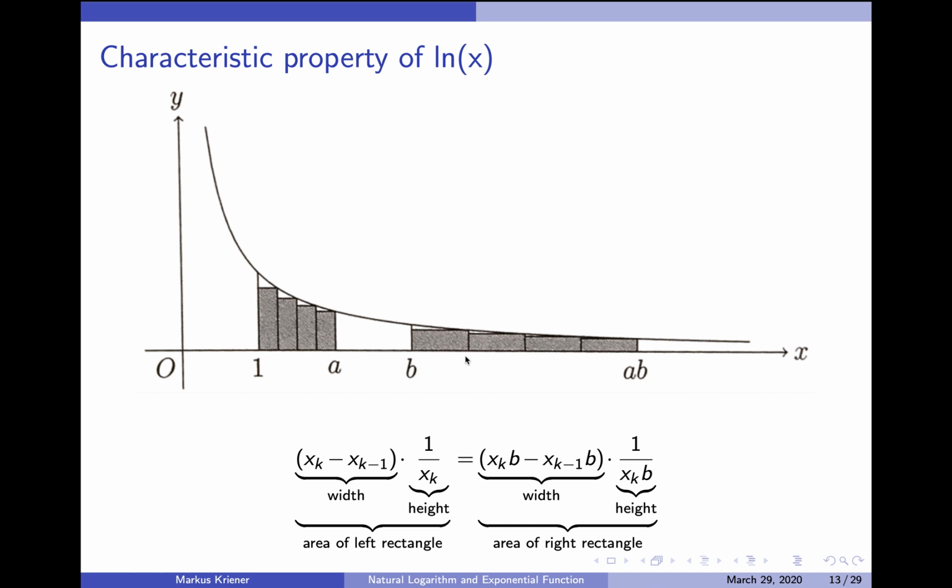So in general, the cutting points in the right interval will be xk times b. Then their width will be this difference, and their height this fraction. Now we simply factor out b from the difference, cancel with b in the denominator, and then we see that both rectangles have the same area. So our proof is done.